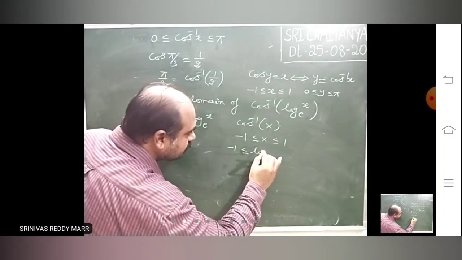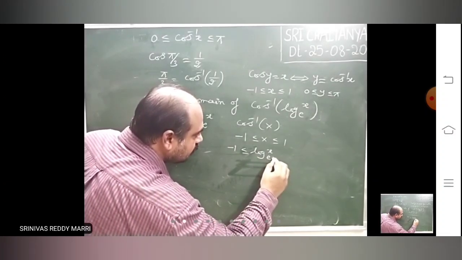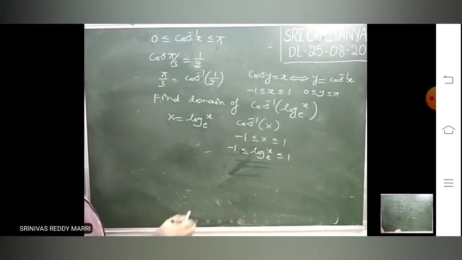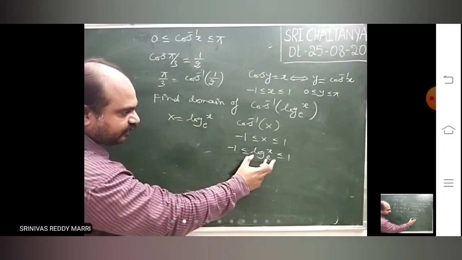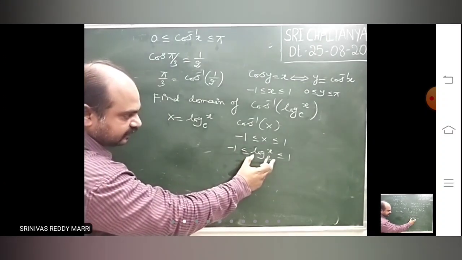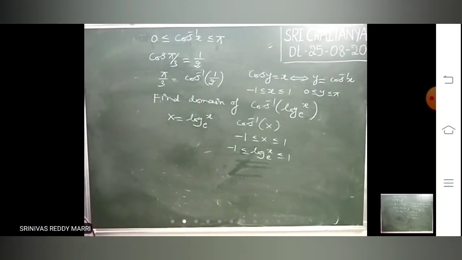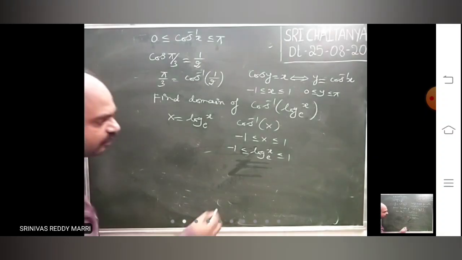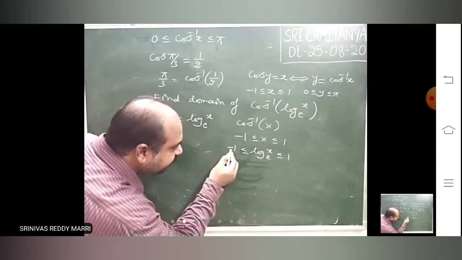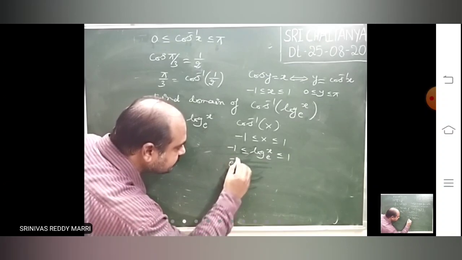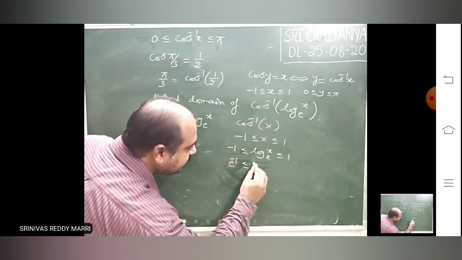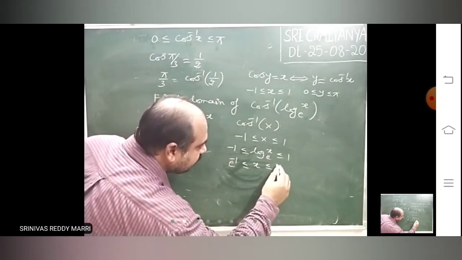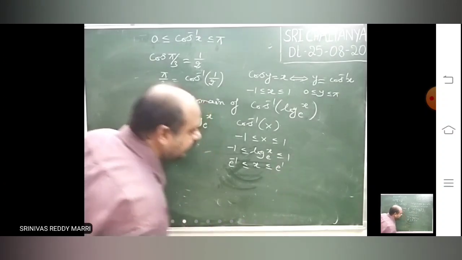So -1 less than or equal to capital X, which means log x to the base e, less than or equal to 1. Now eliminate the logarithm. I have told you how to eliminate logarithm. Bring the e to this side: e power minus 1 less than or equal to x less than or equal to e power 1.